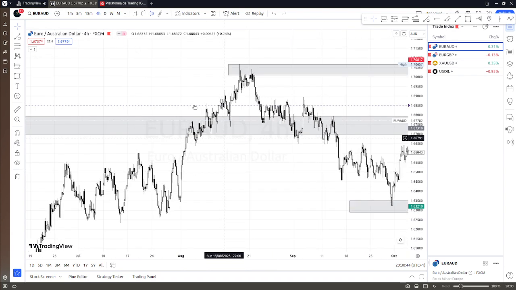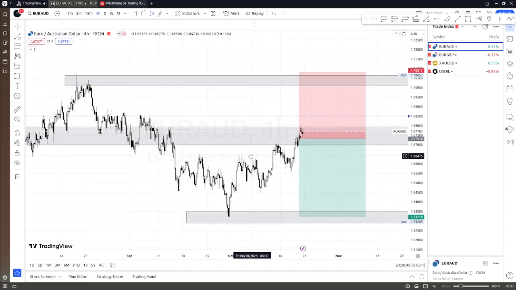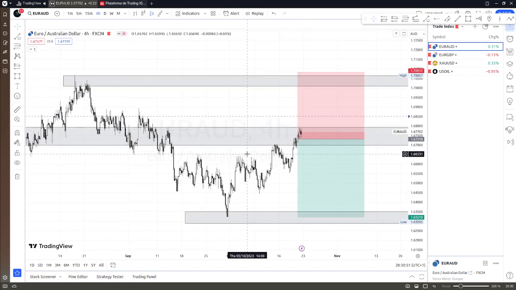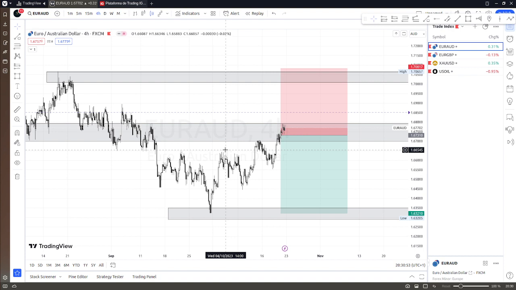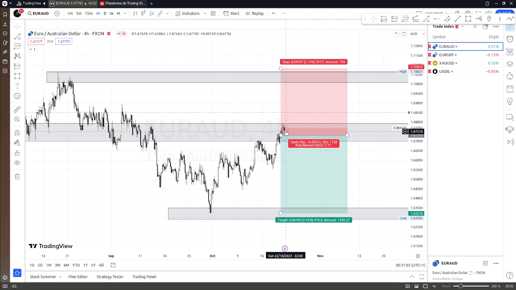So with that being said, I can see there's some confluence over here, but it wasn't very much what I was looking for. I was looking for somewhere the market can go to make more liquidity and then start to move my way. That didn't happen, and it's moving against what I think.